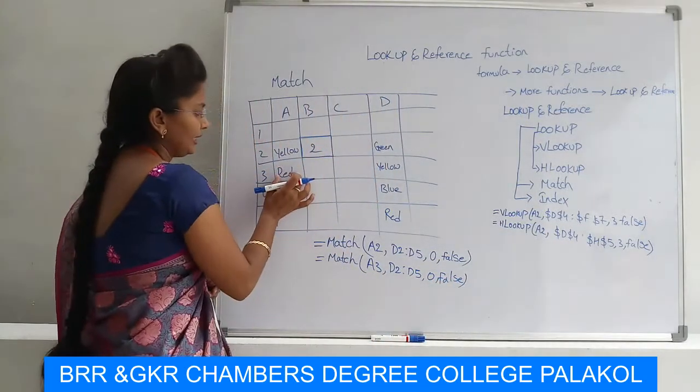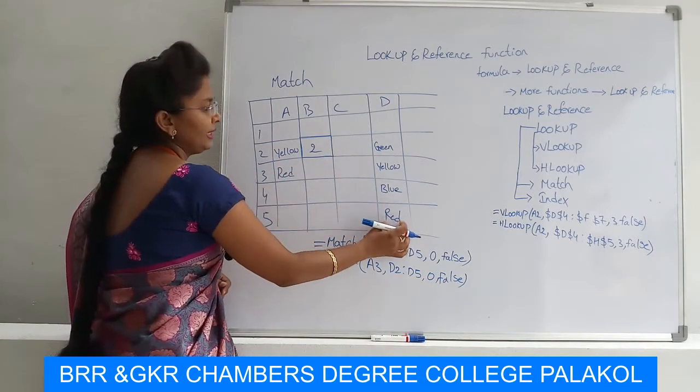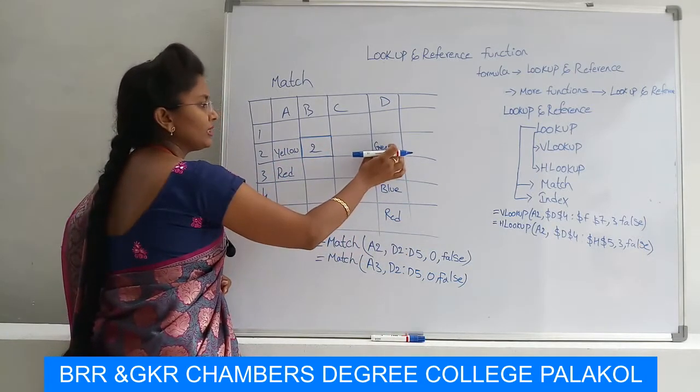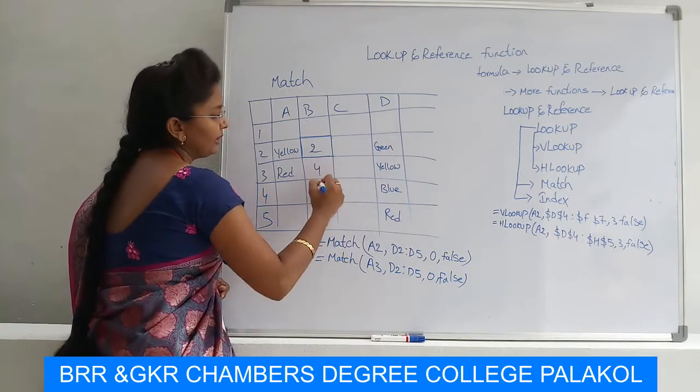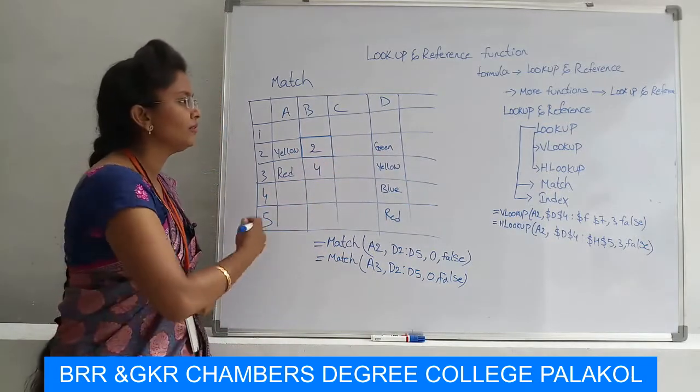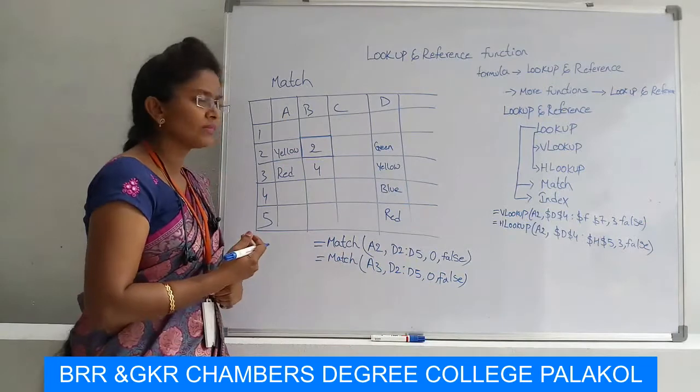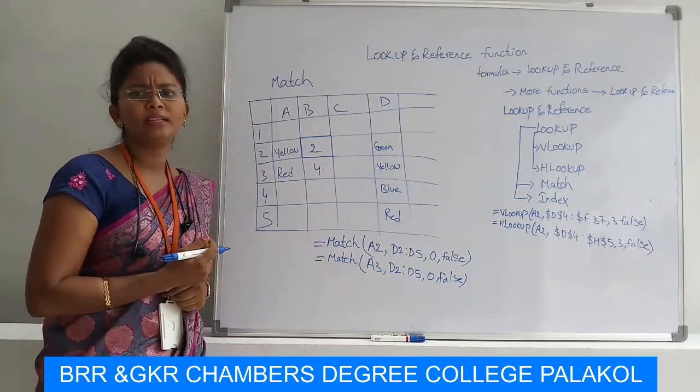Here in the A3 cell is red, and the number for red is 4. The 4 will be displayed here. This is the way to match the cell references in the Excel sheet.